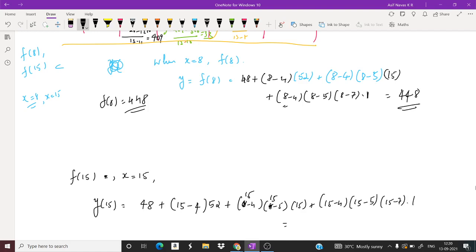So the answer is 3150. So in this manner we will find the values.